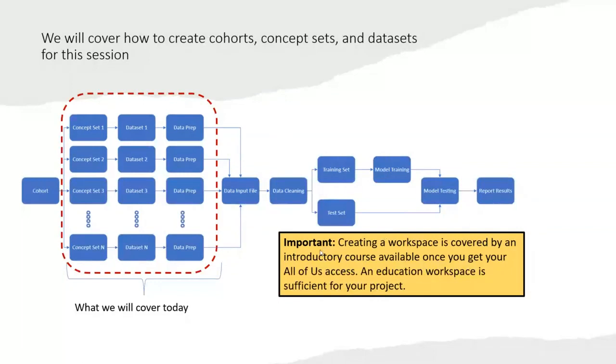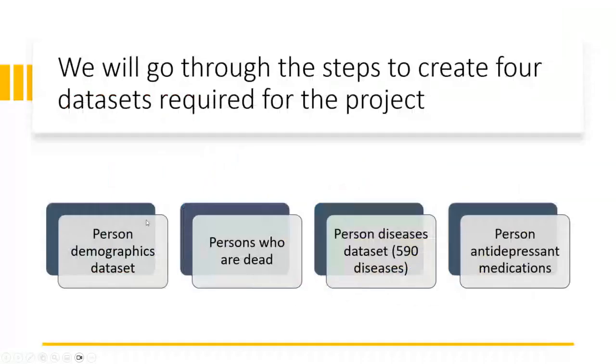We will be creating a workspace, but there's an introductory course available in All of Us to create your workspace, and we will just need an educational workspace for the purposes of this project. You will be creating 4 data sets.